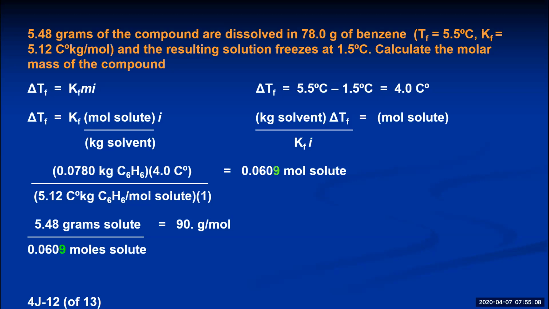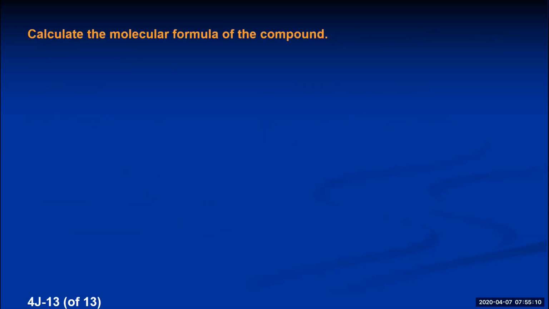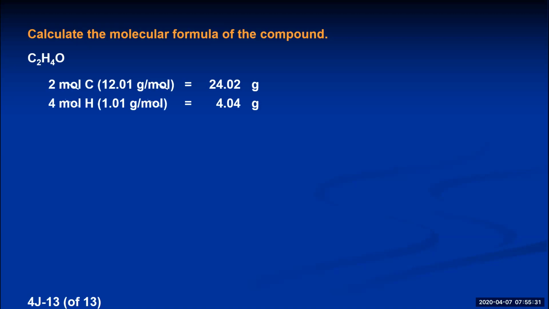The final thing we can do now is calculate the molecular formula of the compound. You can always do that if you have the empirical formula and the molar mass. So the way you calculate the molecular formula of the compound is you go back to its empirical formula and you determine the molar mass of the empirical formula. This formula has 2 moles of carbon in it, 4 moles of hydrogen in it, and 1 mole of oxygen in it.